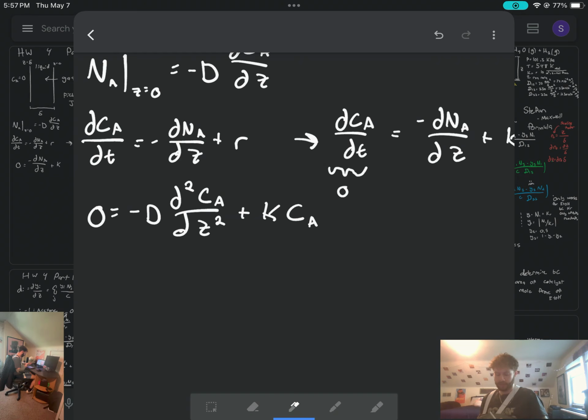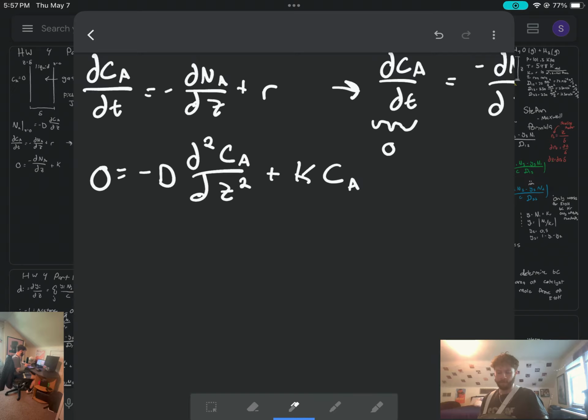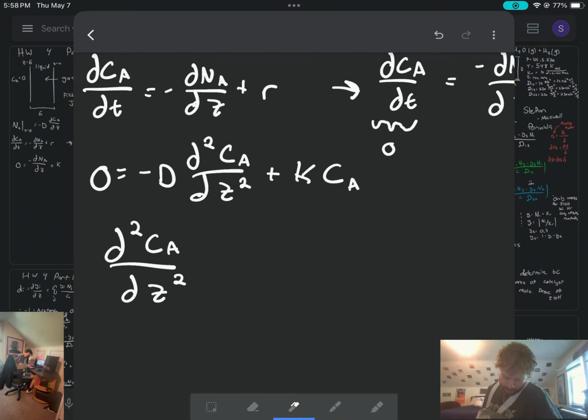We'll divide both sides by our diffusion coefficient, and we'll say that the second derivative of our concentration of our gas with respect to position is equal to our constant K times our concentration of the gas divided by our diffusion coefficient.